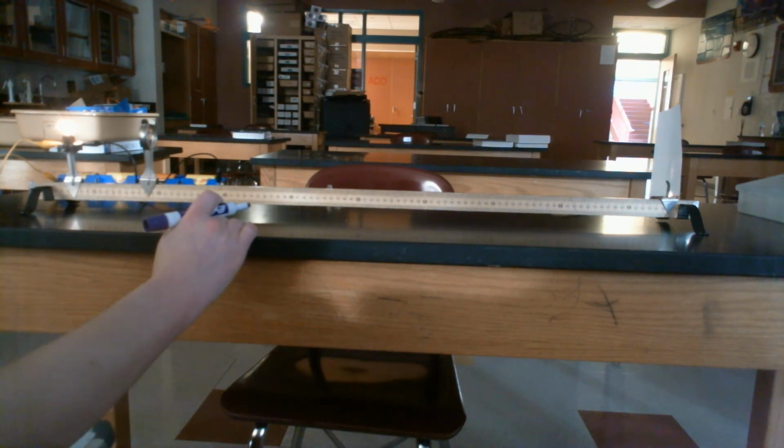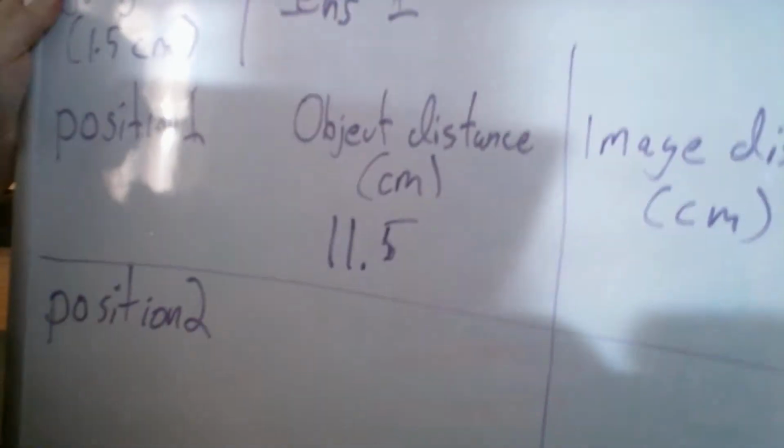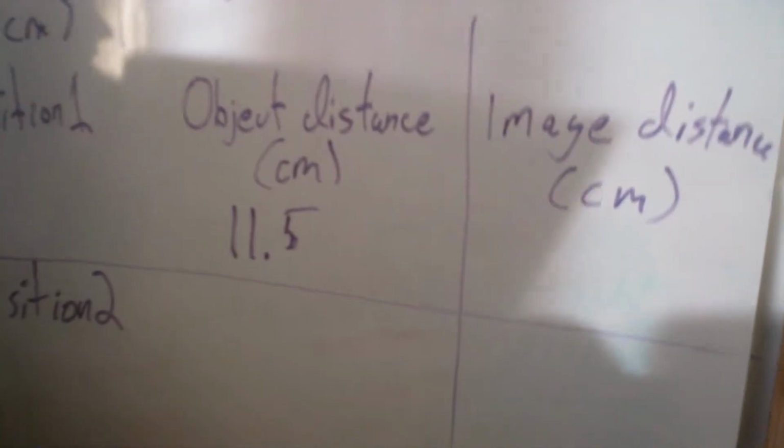So that's 11.5 centimeters for the object distance. So that's what I go ahead and write for the object distance.